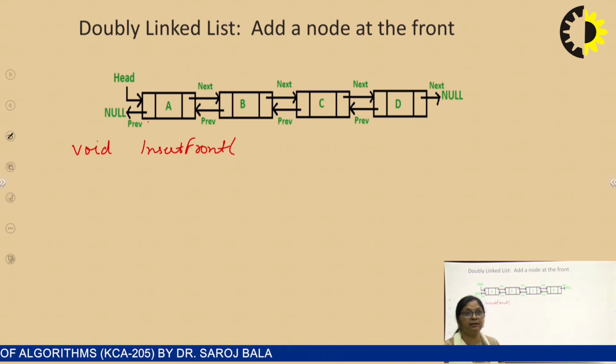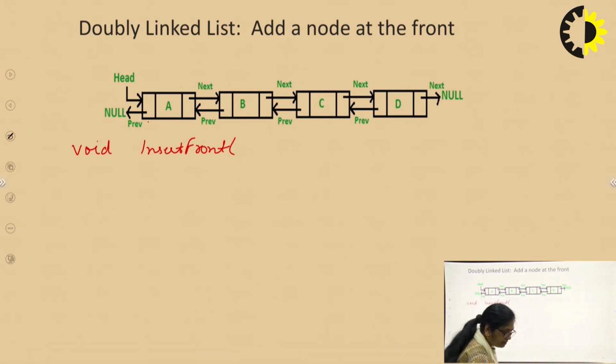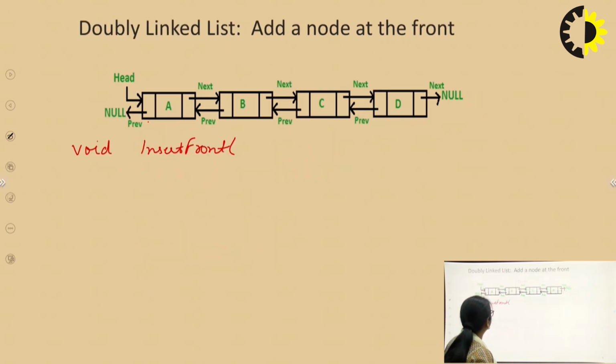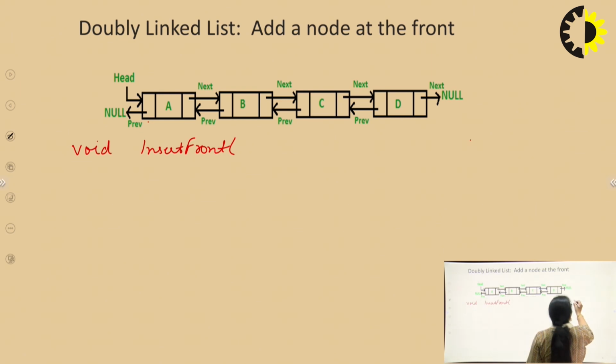Let me take the data A, B, C, D, all integers. So I will add an integer. Why am I taking this as an integer? Because our structure is storing int data. So I will have a value. Let me say in the main function I have the value 10, which is to be inserted.